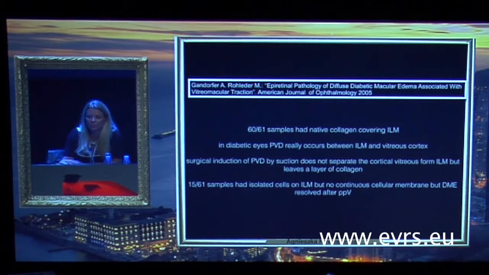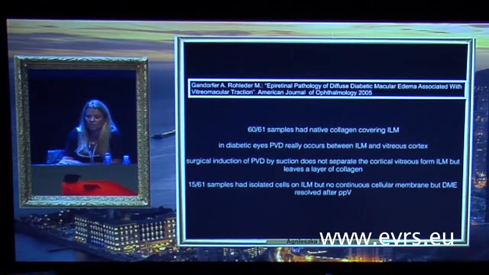There are cells, and those cells are mainly of fibrotic origin, fibroblasts, okay.